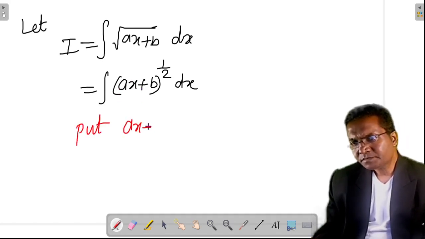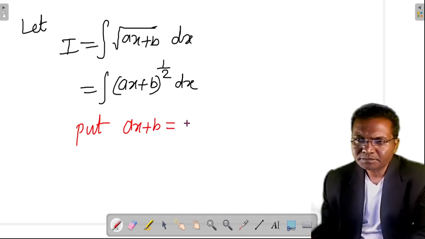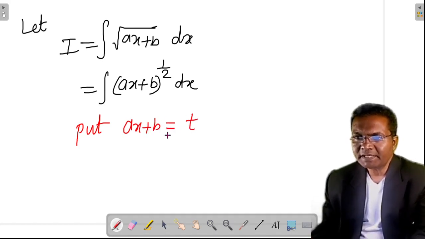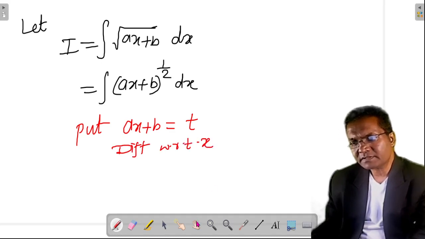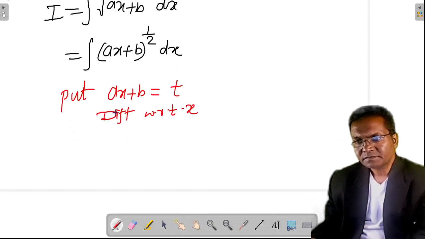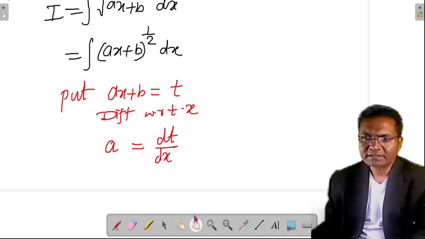Put ax plus b is equal to t. Differentiate with respect to x. So you will get a is equal to, derivative of ax is a, derivative of b is 0, you will get dt by dx.